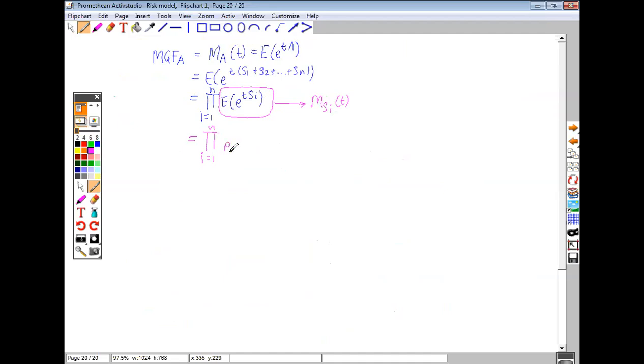So we'll have e raised to, instead of lambda, lambda_i, which corresponds to this particular Si, and instead of M_X(t), M_i(t), minus 1. Does this make sense to everyone? Can I simplify it further? How will I simplify this further?